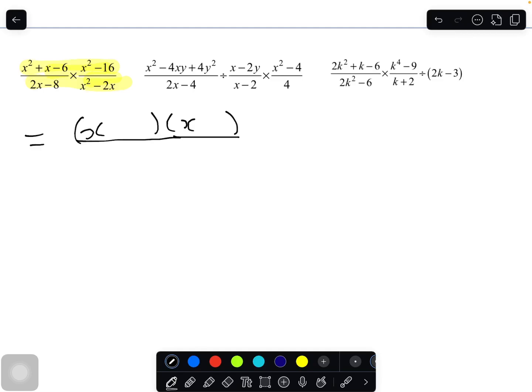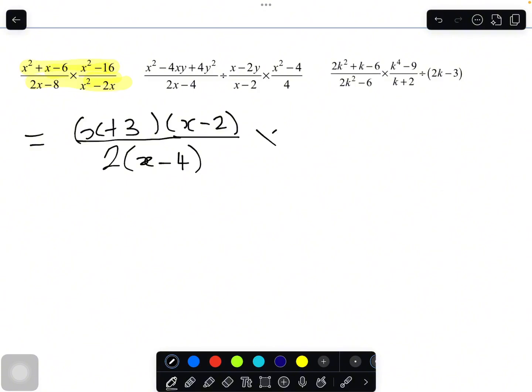Now, what two numbers multiply and give me -6, and when I add them, gives me 1, and that will be +3 and -2. In the bottom, if I had to factorize it, I'll get 2 into x minus 4.